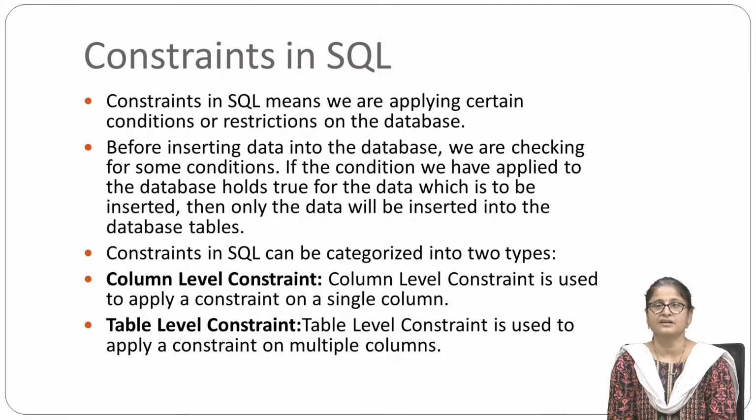Before inserting the data into the database, it will check this condition. Once the constraint has been specified, it will check the condition, and if the condition holds true for the data which is to be inserted, the data will be inserted. Otherwise, it will show an error message mentioning the error.